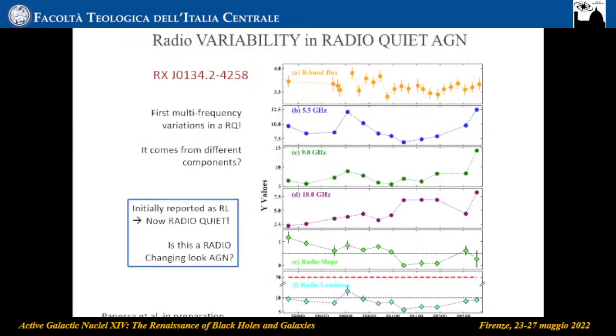We monitored the source simultaneously in the radio with ATCA, because the source is in the south, at 3 different frequencies, 5, 9, and 18 gigahertz. To my knowledge, this is also the first experiment to look for variability at different radio frequencies in a radio quiet source. And yes, we detected variability at 3 different frequencies, and the radio slope is also changing.